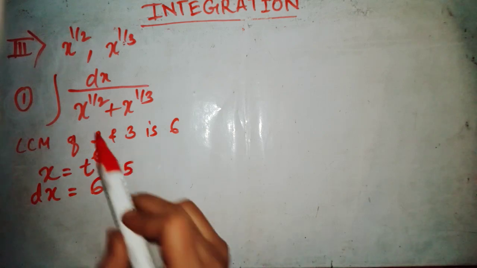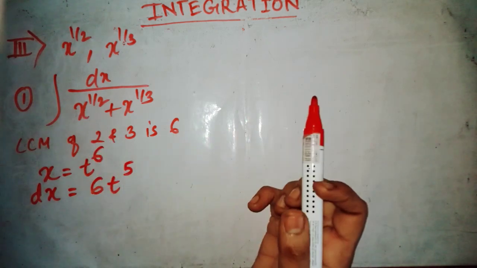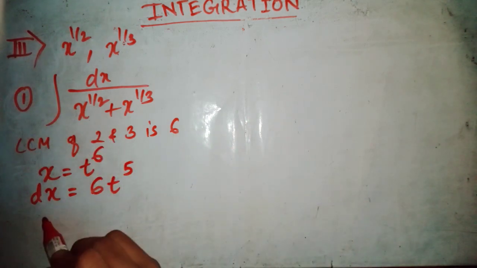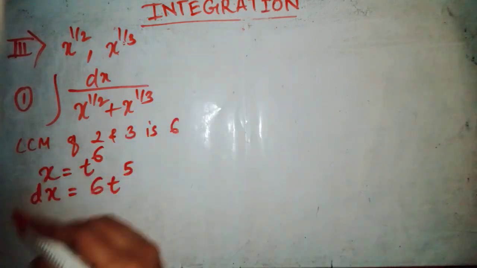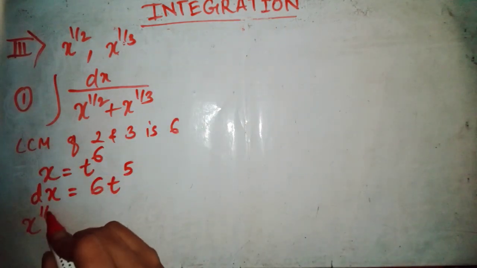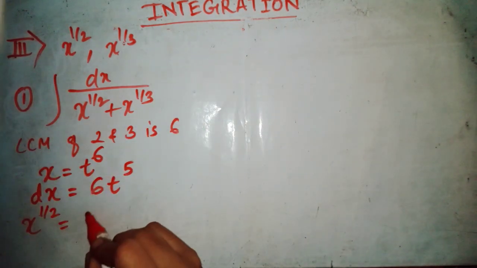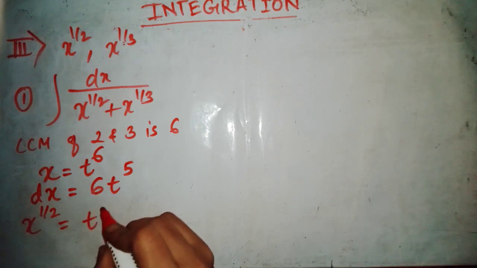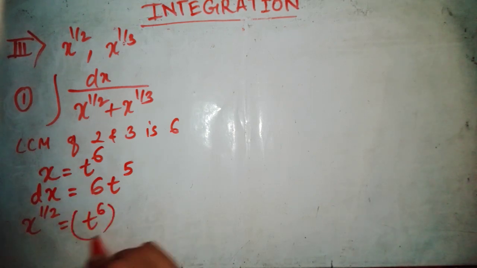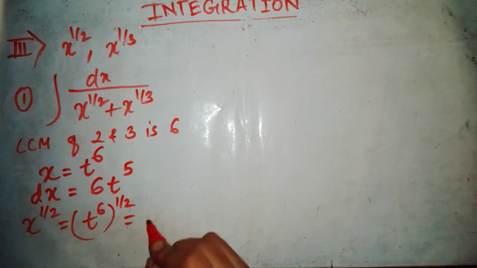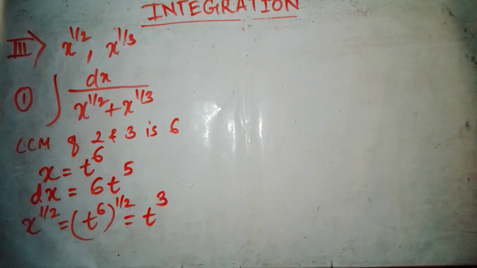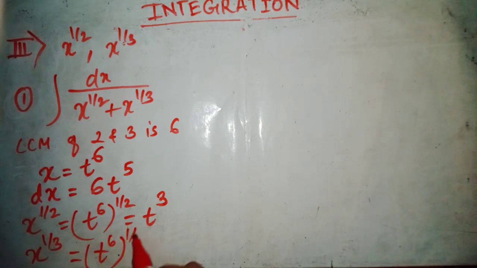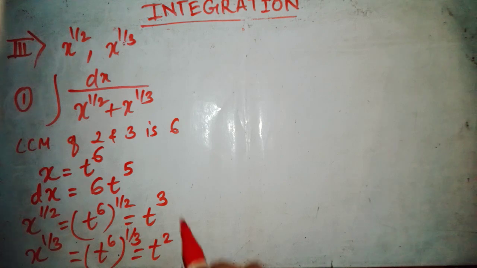Now you have to write this: x raised to half is t raised to 6 raised to half, so this will be t cube, and x raised to 1 by 3 is t raised to 6 raised to 1 by 3, which is t square.